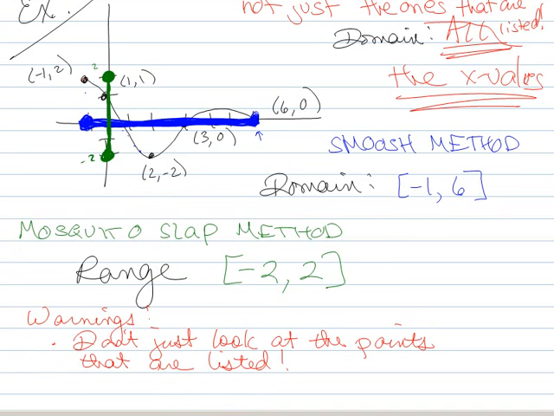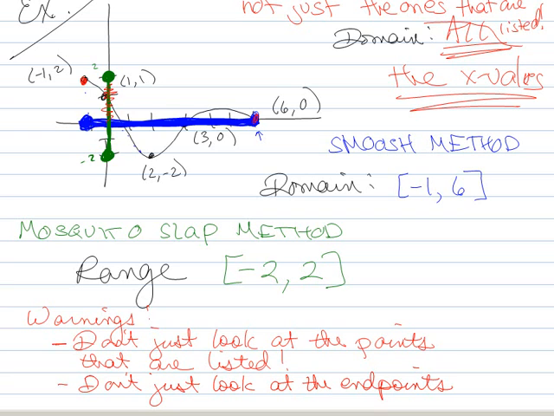Also, and I said it a minute ago, don't just look at the endpoints. And you see that happen sometimes too. Okay? So don't just say, well, I go from here to here, so if I smush it, it only smushes here.